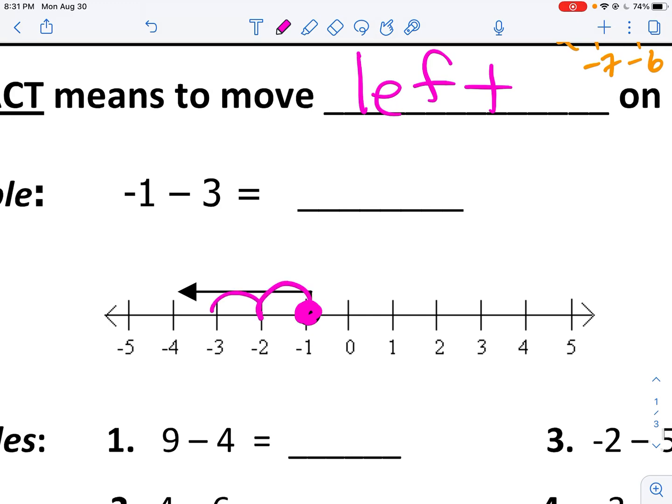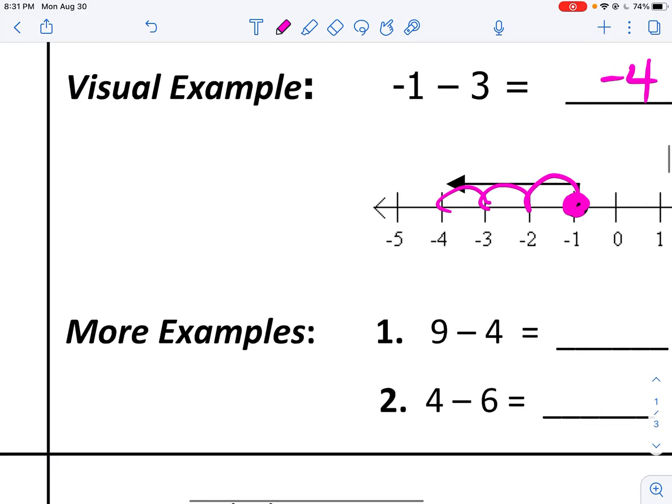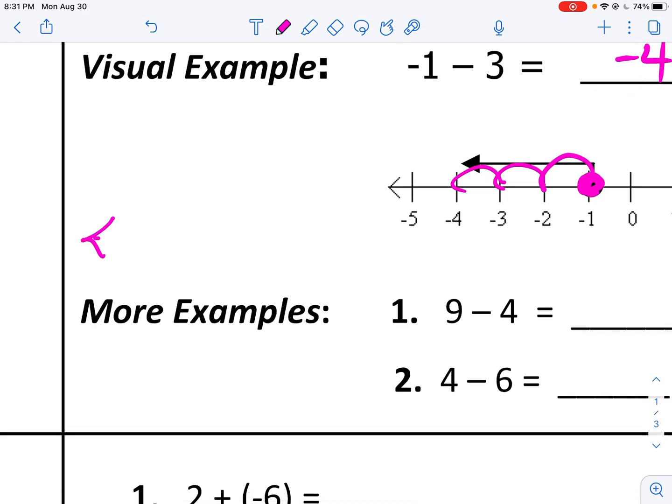I go back 1, 2, 3, and I end up at -4. If you do it the way that I do it, I have 1 negative, I have 3 more negatives. How many negatives do I have? I have 4 negatives.